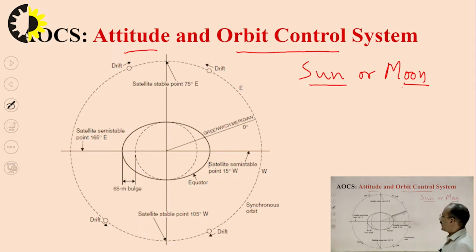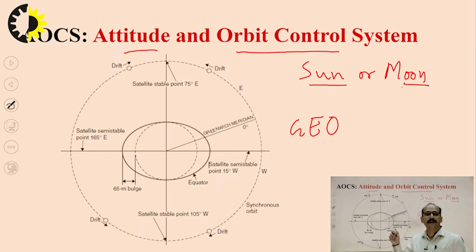So, when we are talking about these gravitational forces, here I am showing a geo-satellite orbit, in which you can see our Earth is not a complete sphere. Actually, there is a bulge of 65 meters on the equator, and due to that bulge and due to the sun and moon gravitational forces, the satellite always faces various forces which push the satellite to leave its attitude and orbit.